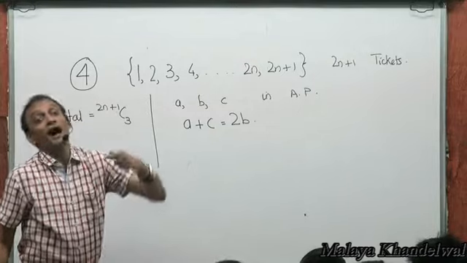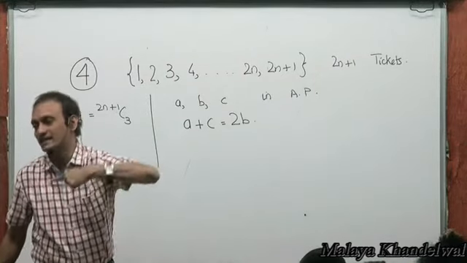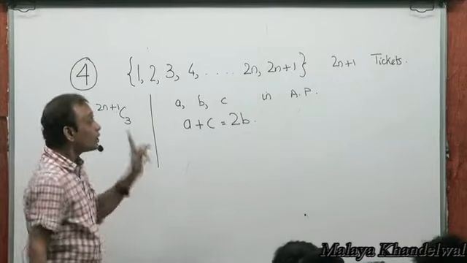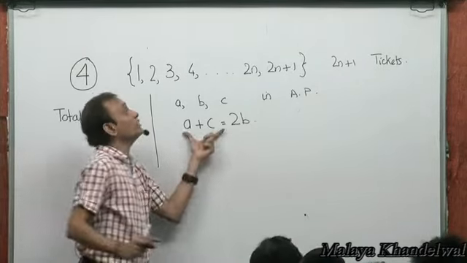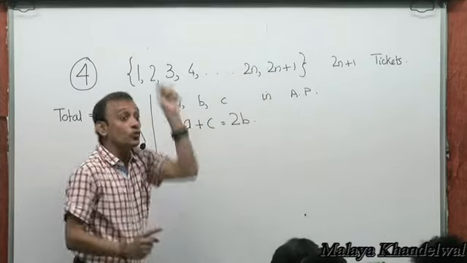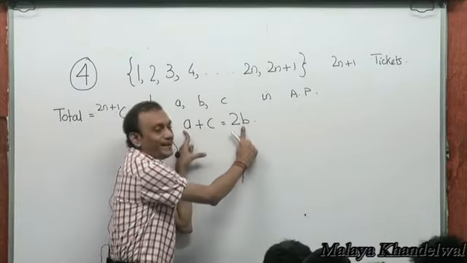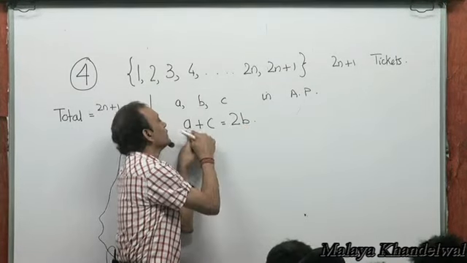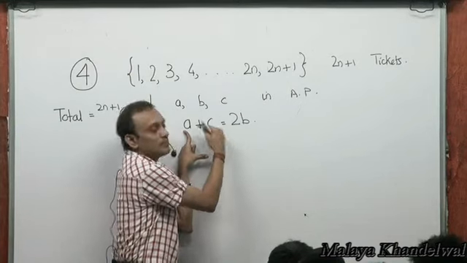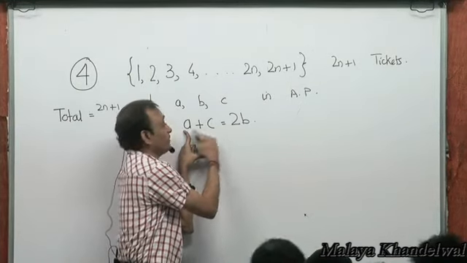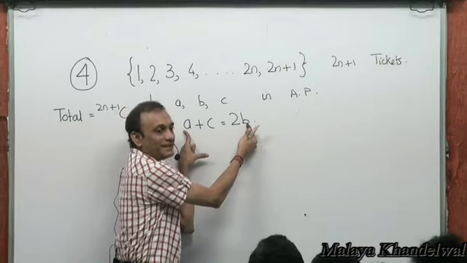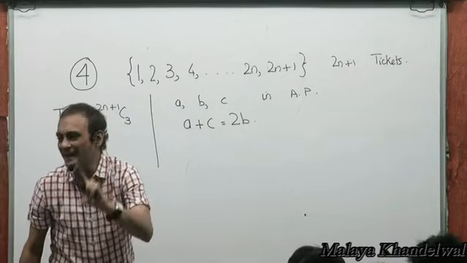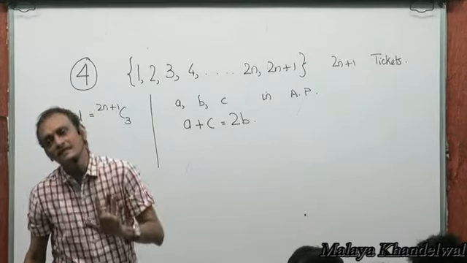Now, you can select only those 2 numbers that add up to an even number. Because B is A plus C by 2. If A plus C is odd, then you can't find B, an integer which belongs to the set. So it's about selecting 2 numbers A and C such that A plus C is even.